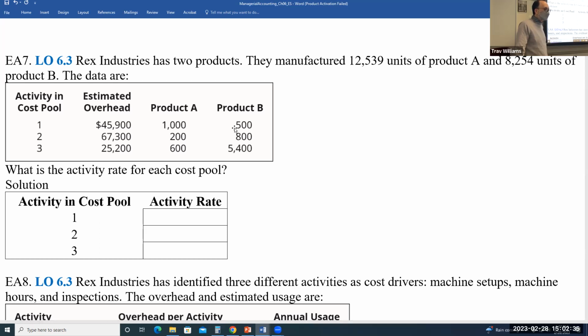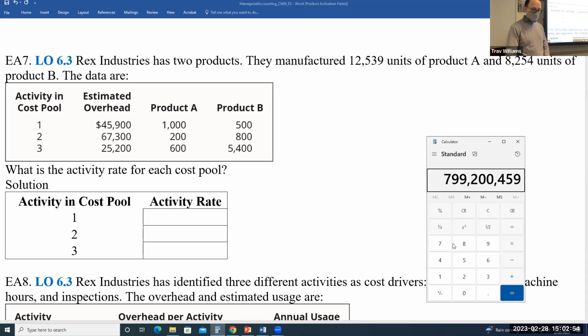So starting with cost pool number 1, how do we figure out what our rate is? By dividing the estimated overhead by the amount of activity. Okay. Estimated overhead, which is 45,900. And what is our estimated activity?